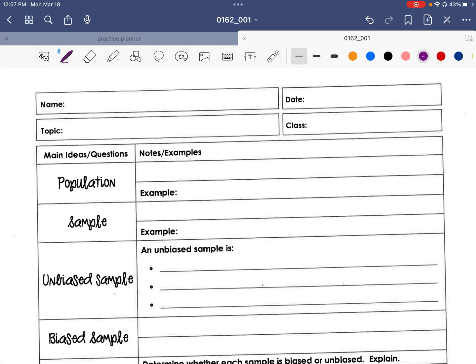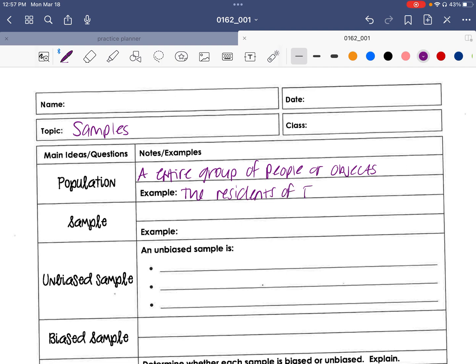In this video, we're going to talk about samples. Okay, so a population is the entire group of people or objects. So we can say the residents of Florida.